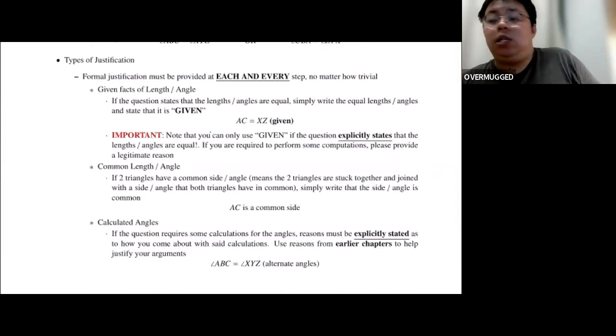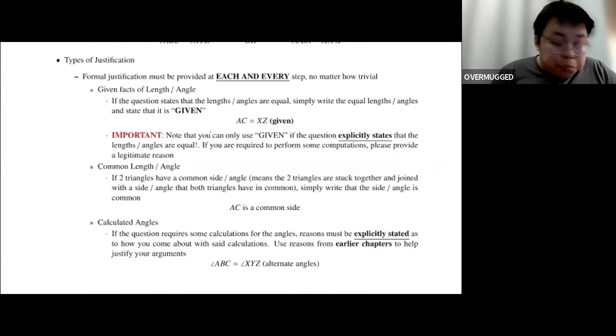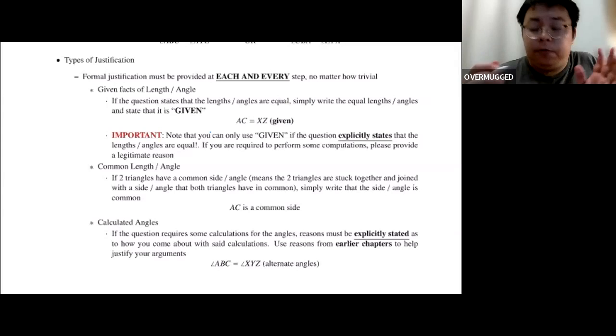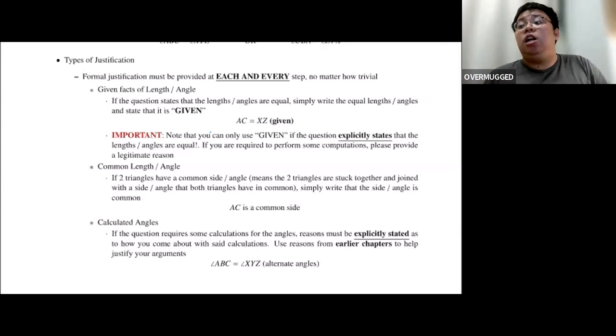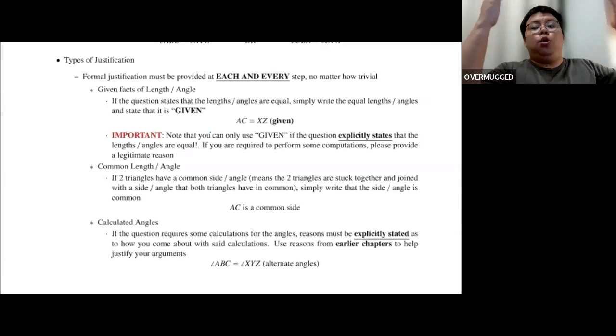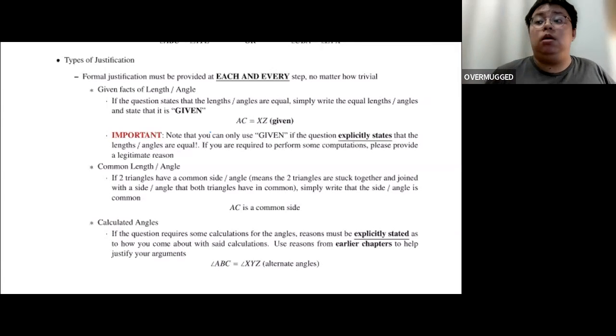The very first one is something that I call given. Now, this word given is a very important word. I'm going to define the word given in English. I'm not an English teacher, but when something is given to me, it means that it is provided to me. It means the question says so. If the question never says, you cannot say given.